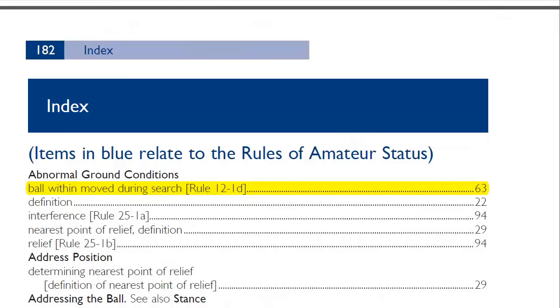The ball moved during search. It's going to take you directly to Rule 12-1D on page 63. So that's a paragraph on page 63 that should contain your answer, and you'll be able to make a quick ruling, as opposed to just getting to Rule 12 and having to go through 1A, B, C, and D before you finally get to your answer.